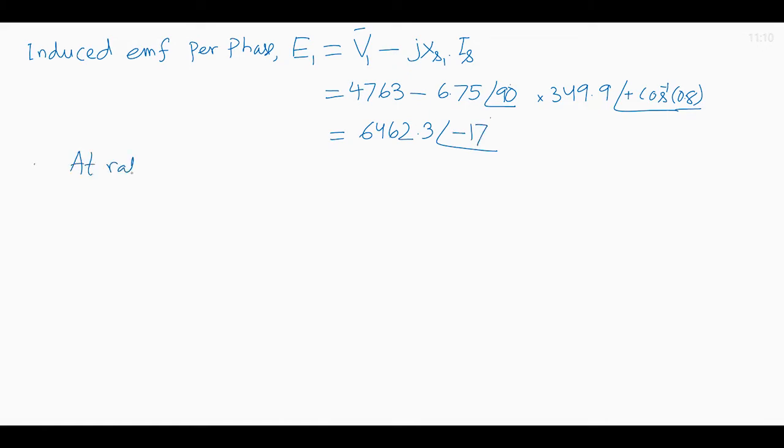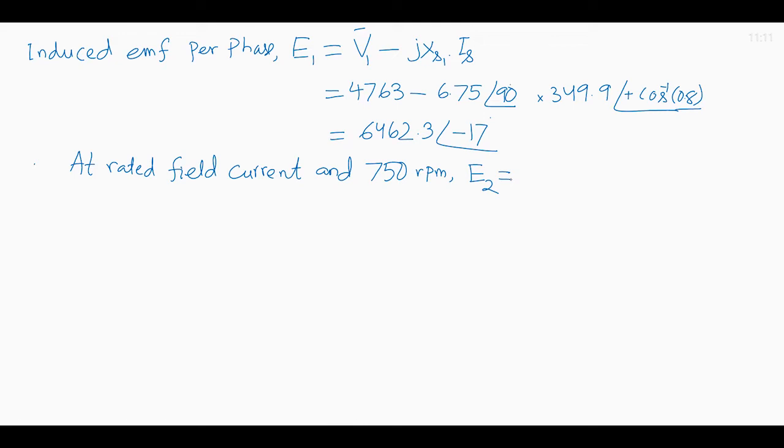At rated field current and 750 rpm, we have to calculate the induced EMF E2. Induced EMF is proportional to flux, that means field current, and speed. The field current is the rated field current and the speed is only 750 rpm.